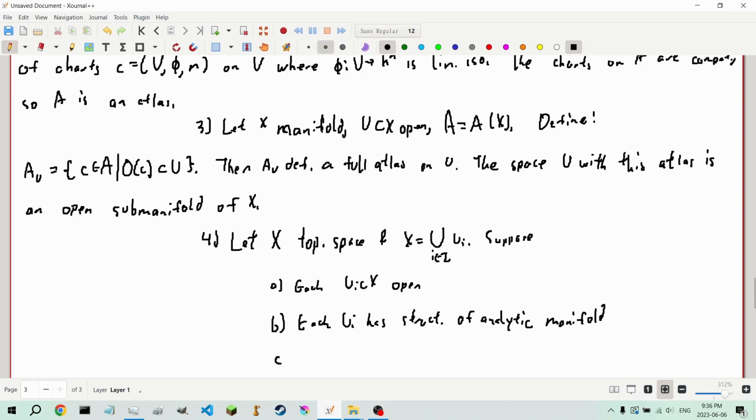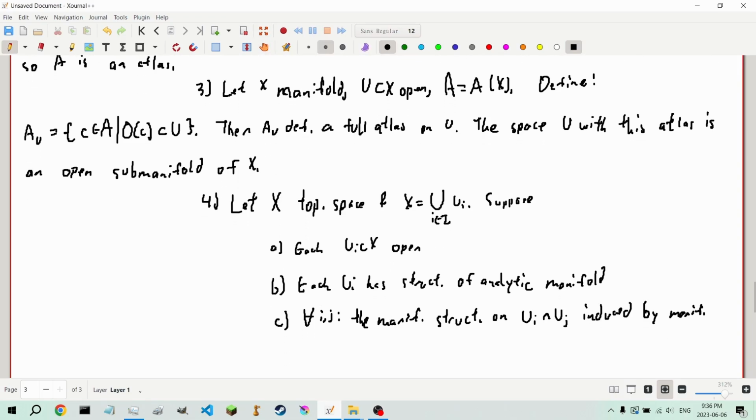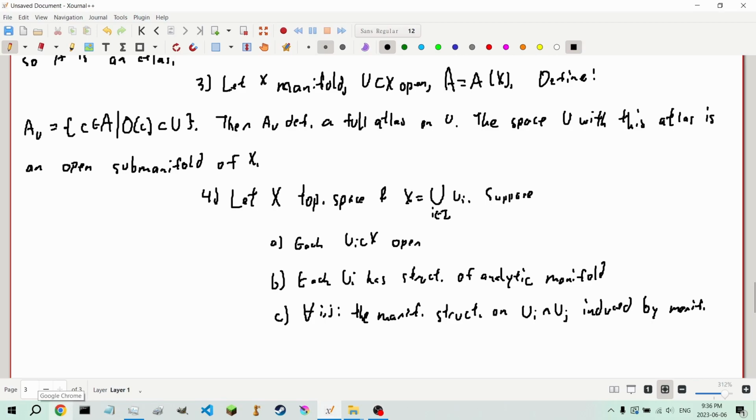And thirdly, for each i and j, the manifold structure on the intersection of U_i and U_j, induced by, of course, the manifold structure of U_i and U_j agree.